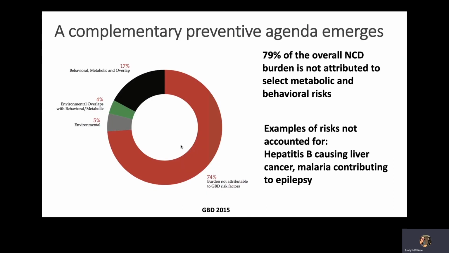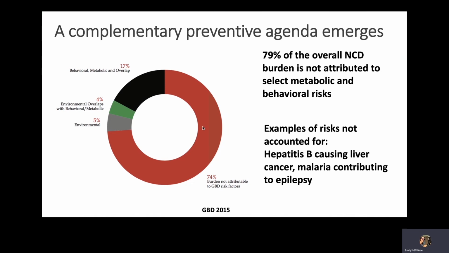And we also looked at the risk factors for the Global Burden of Disease and said, well, okay, everybody might say that the NCD burden is actually being overweight, smoking cigarettes, eating salt, drinking alcohol. But when you really use this data, what comes to be true is that this red part is DALYs from NCDs that we can't attribute to these sort of classic metabolic and behavioral risks.